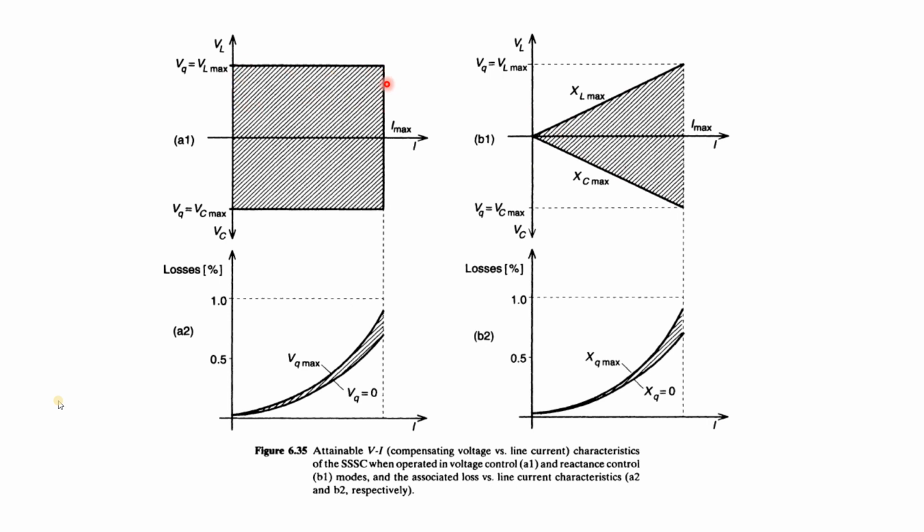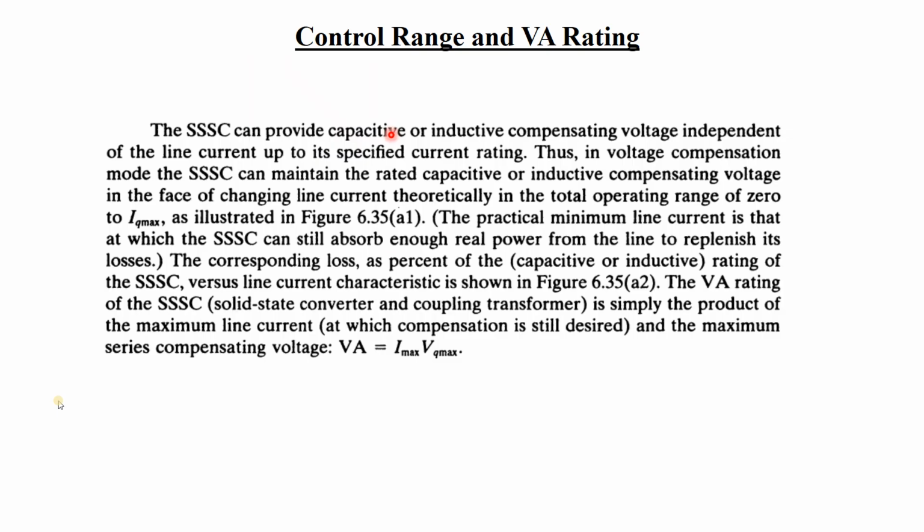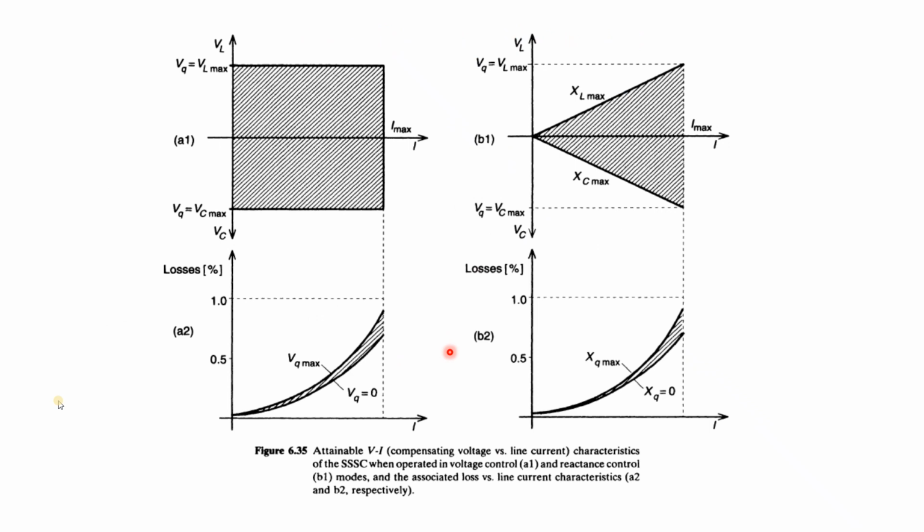This shaded portion gives you the total VA rating, that is the maximum voltage multiplied by maximum current. You can see this is the VA rating, I max into VQ max. So the VA rating is represented by this particular graph.